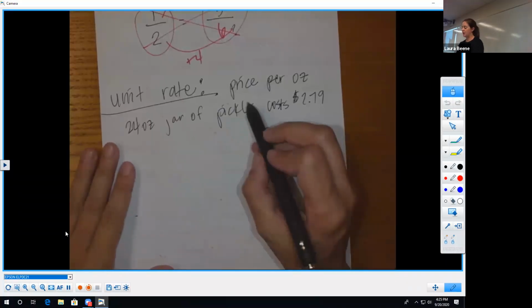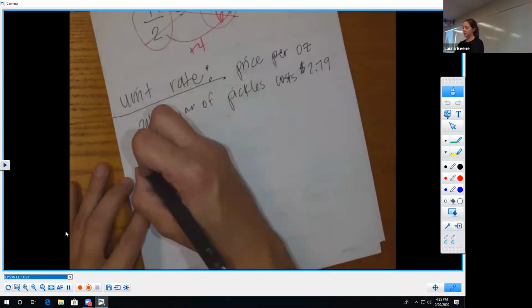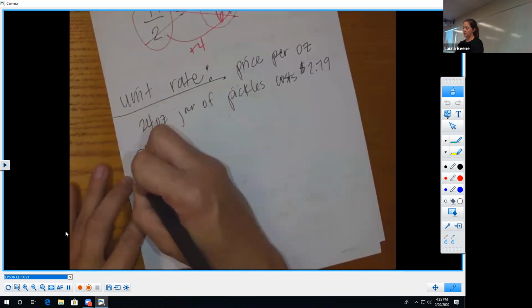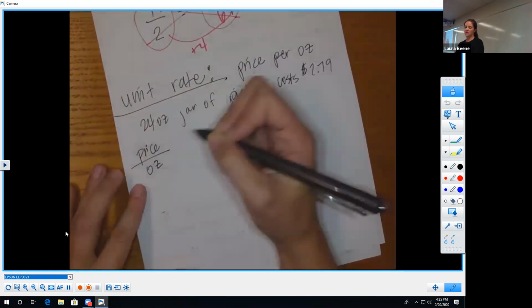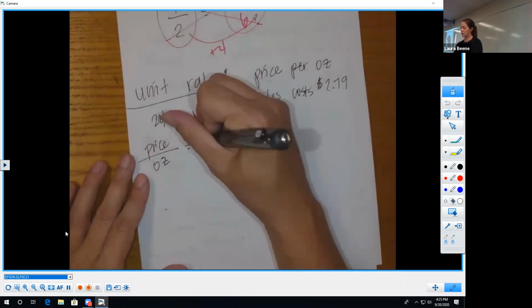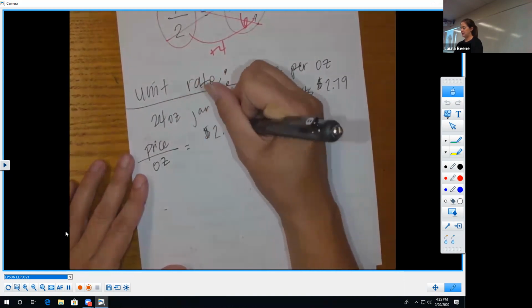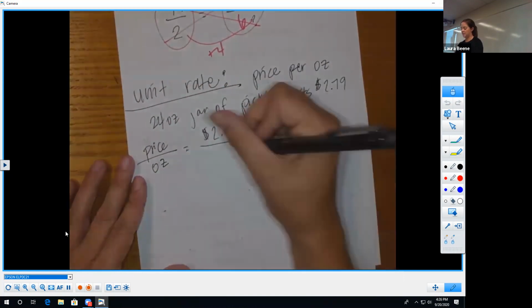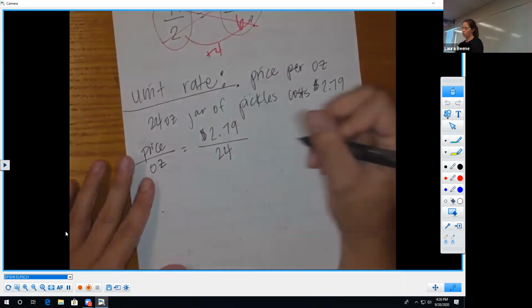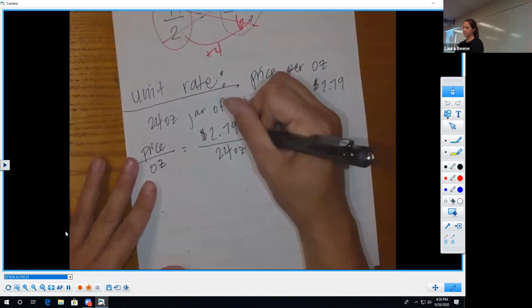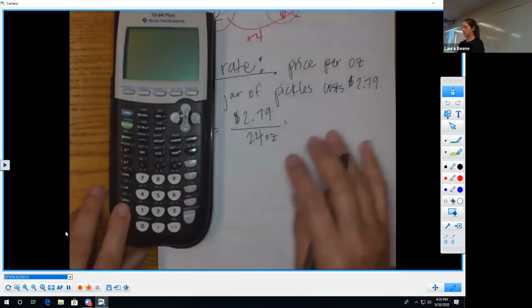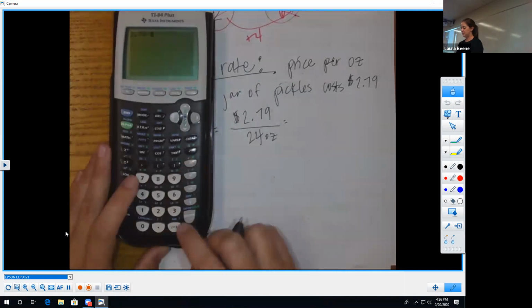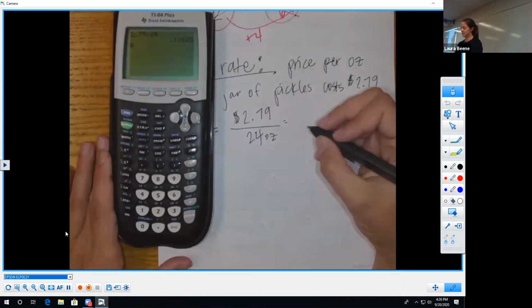So to find the price per ounce, I want to put the price on top and the number of ounces on bottom. So $2.79 divided by how many ounces there are, 24 ounces. And when you type that in your calculator, $2.79 divided by 24 ounces gives you that decimal.